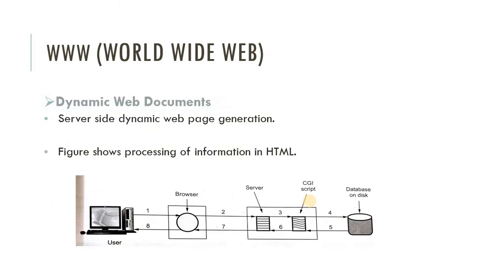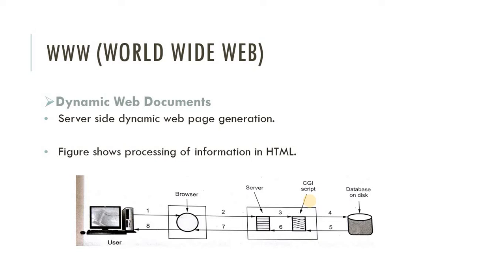The second one is dynamic web documents. A dynamic website is a collection of dynamic web pages whose content changes dynamically. It accesses the content from a database or a content management system.